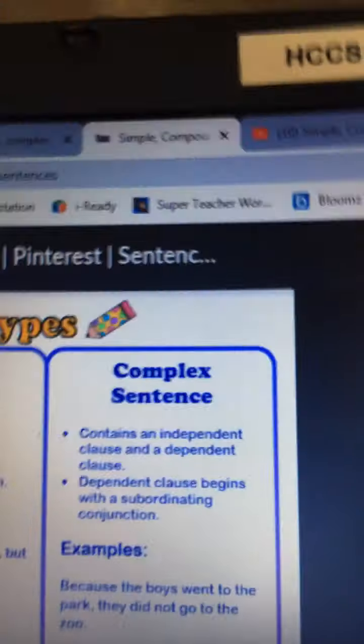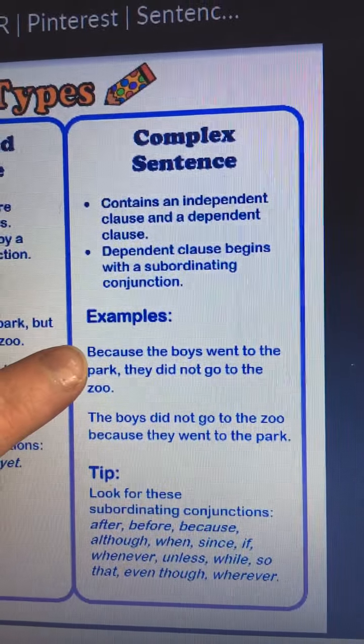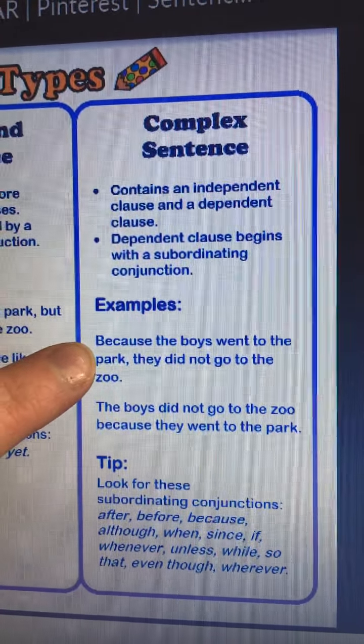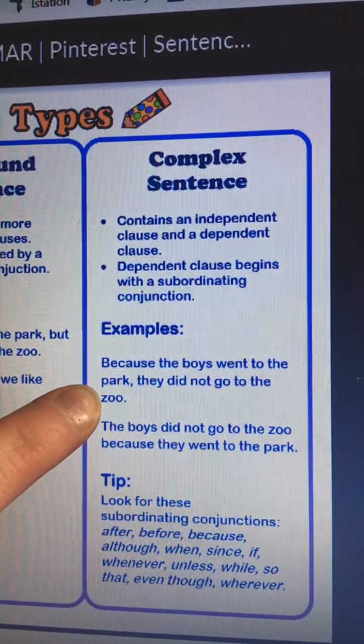And again, they're connected with conjunctions, but usually those tricky connecting words come at the beginning of the sentence. Let me share some examples. So our complex sentence, because the boys went to the park, they did not go to the zoo, okay?